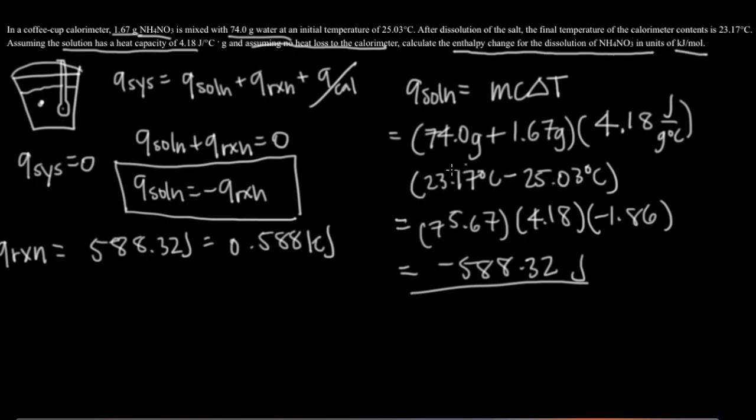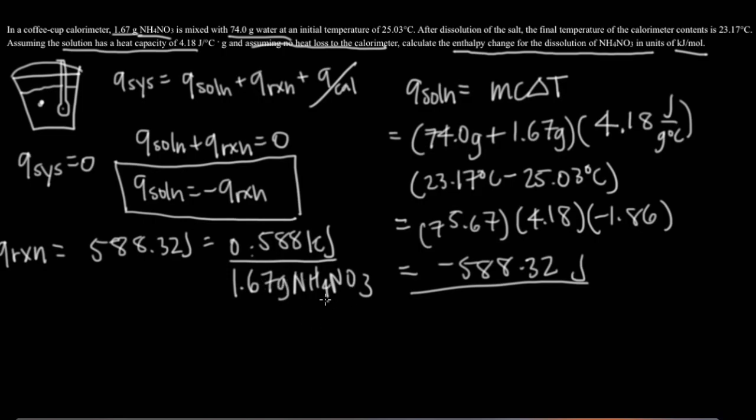So we have it in kilojoules, but we gotta remember that this is only for 1.67 grams of NH4NO3. So we need to find this for 1 mole of NH4NO3. In other words, we need to convert 1.67 grams of NH4NO3 to moles.